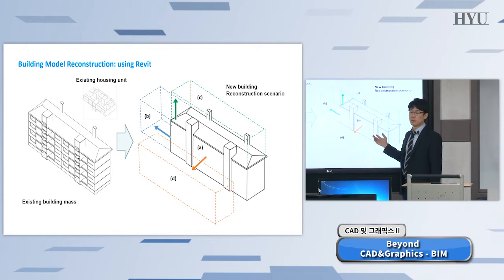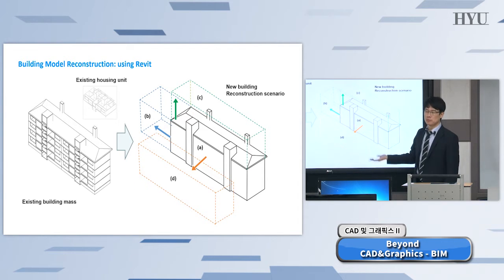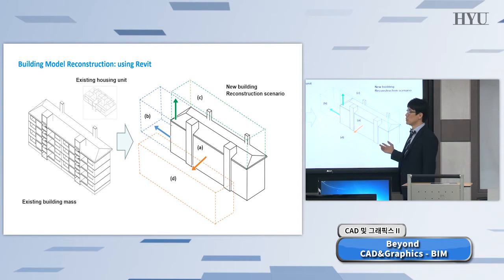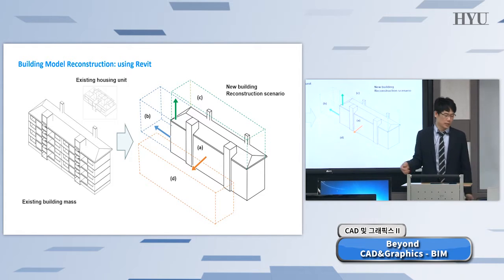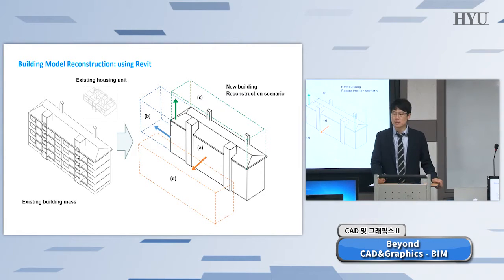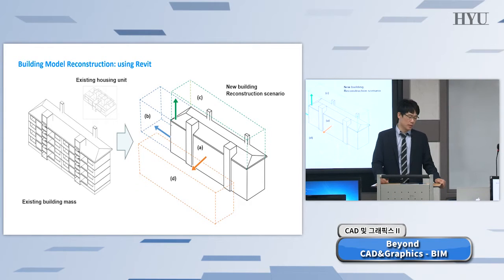So this government building is planned to be elderly housing, housing for disabled people, and housing for people who need care by the government, something like that.